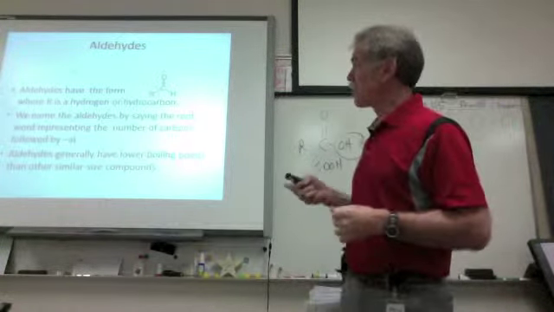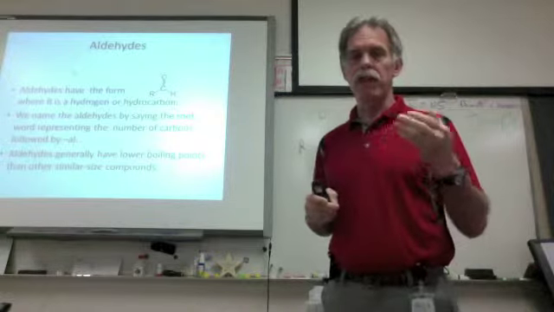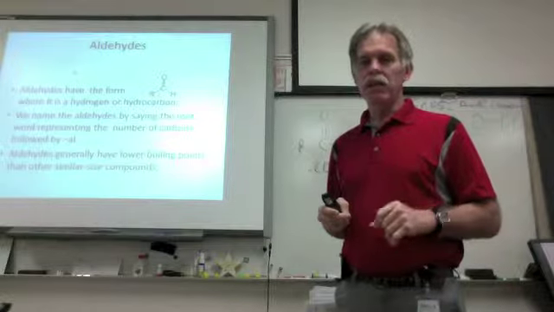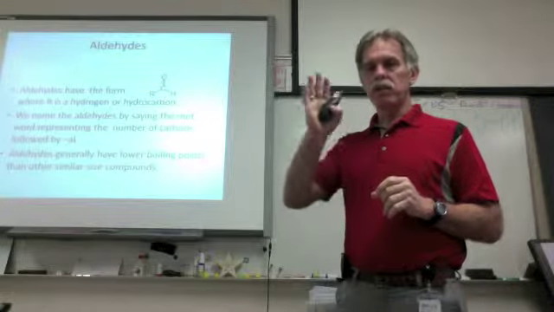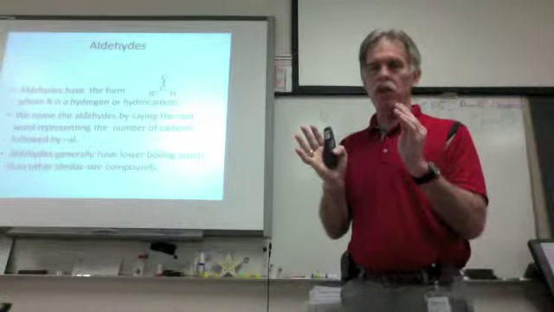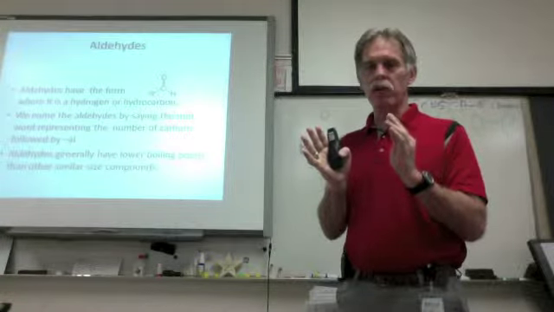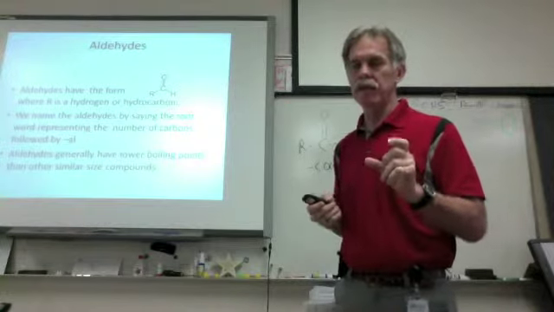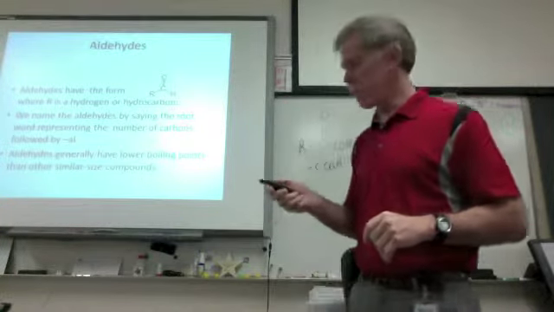Actually, let's see, 1, 2, we couldn't, so we'd have 2-methylpropanal. So that tells you that, of course, the double bond OH is on the end, and on the second carbon over, there is a methyl group. You always start numbering from the carbonyl side, so that automatically solves where you number from.